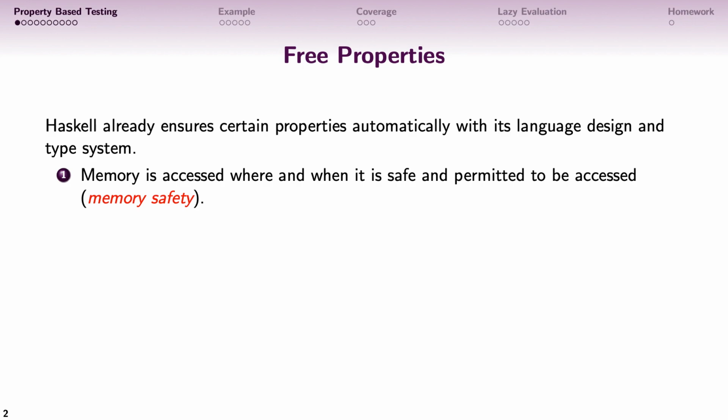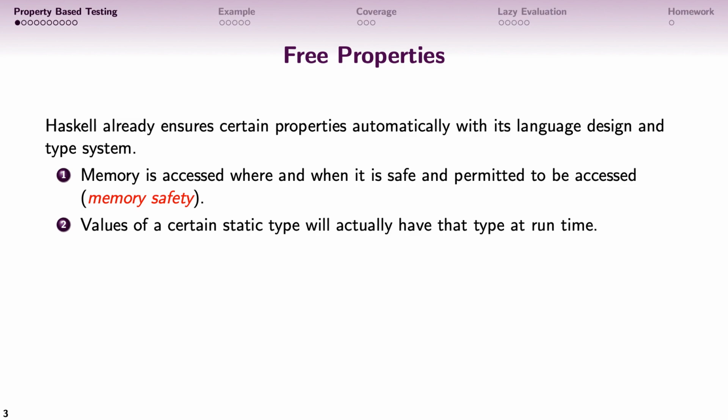We also have two properties that make up a notion called type safety. If you do my other course, COMP3141, we'll give you a more formal definition of this, but essentially, type safety says that values of a certain static type will actually have that type at runtime, so you can't get values that don't match up to their static types.